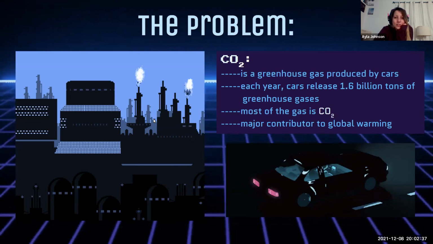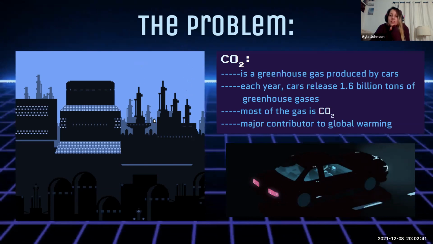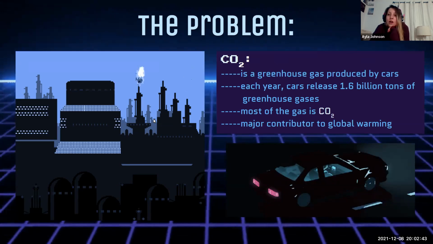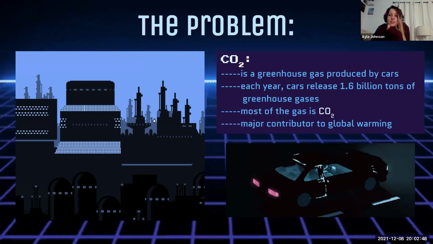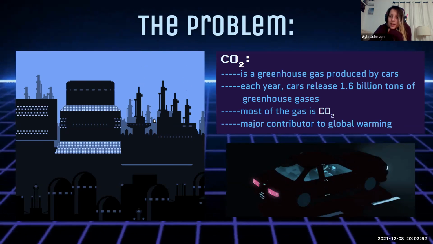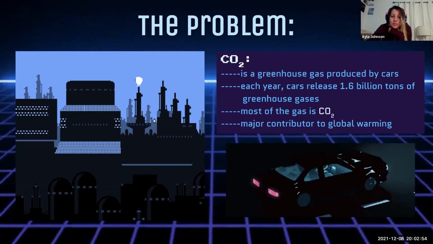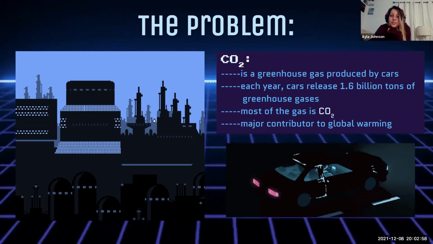Okay, so another one of the issues is the product of the combustion reaction itself. Carbon dioxide is released into the atmosphere from the gas engines. And carbon dioxide is one of the greenhouse gases that's contributing to our global warming crisis.